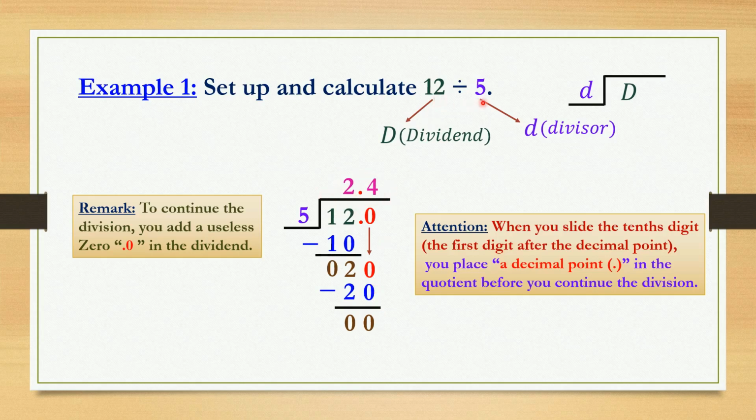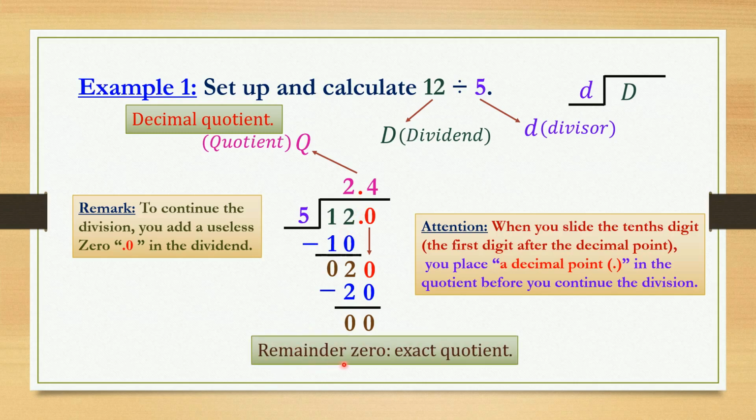So 12 divided by 5 equals 2.4. 2.4 is the quotient. We represent it by capital Q. And 2.4 here is a decimal number, so the quotient is a decimal quotient. And since the remainder of this division is 0, we say that the quotient is an exact quotient.